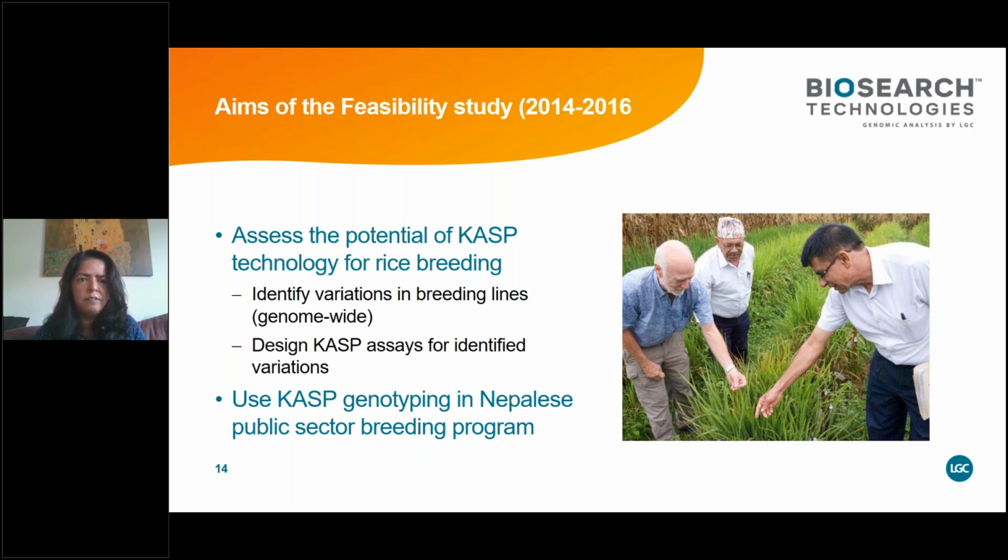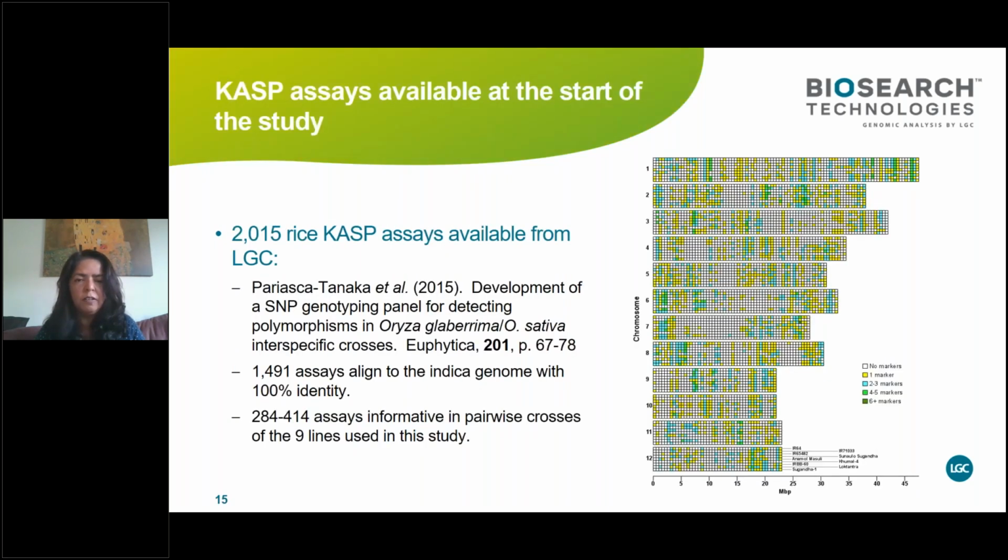So, as I said, at the start in 2014, we had 2015 publicly available KASP markers, which were developed through the Generation Challenge programme. But when we actually took these markers and compared them to the indica reference genome, we found very low coverage.